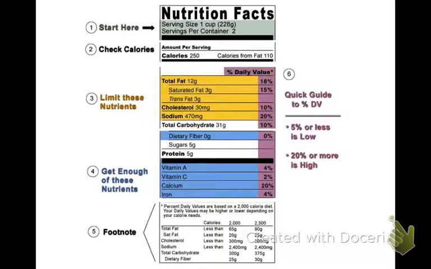So the first thing they would talk about is they usually look at the nutrition facts, and then they look at serving size, they check the number of calories, and then they are also told that you have different things that are present in this particular food item.